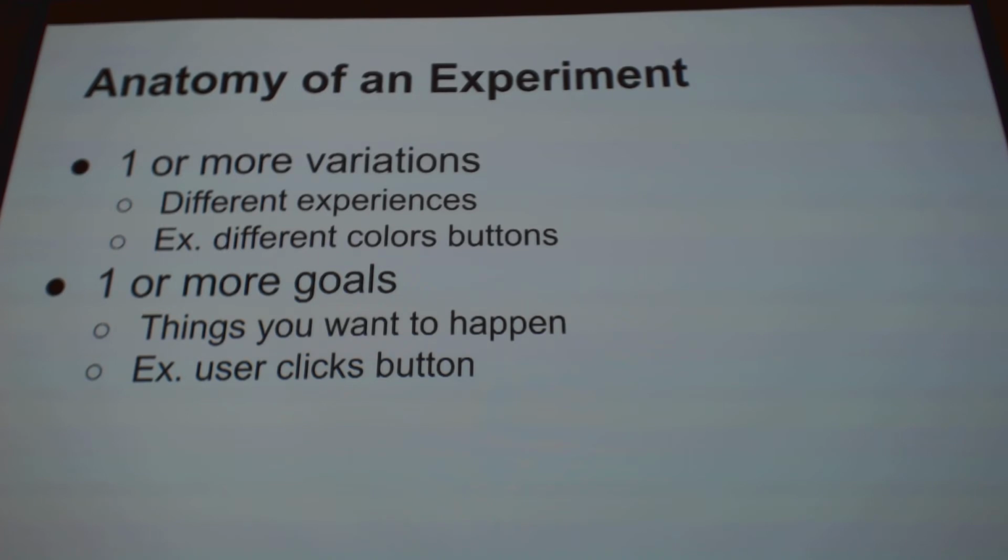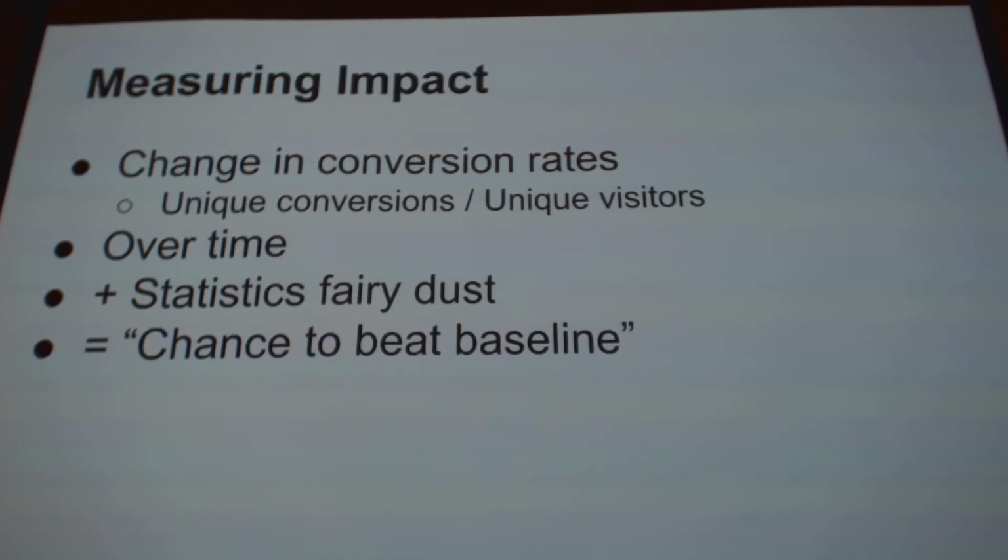And then you've got one or more goals. So these are things you want your customers to do. Buy something or go to this page, which means they've registered, and so on and so forth, right? So what we want to do with these experiments is measure the impact of different variations on different goals. Well, what does that mean? That means changing conversion rates.